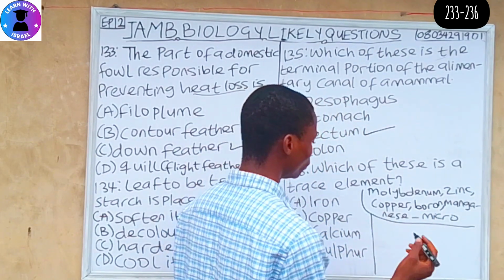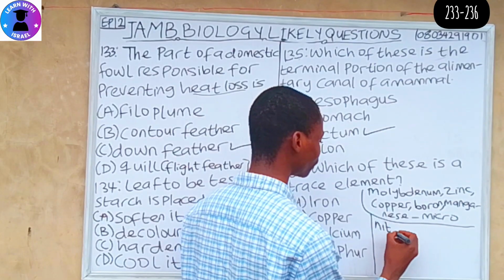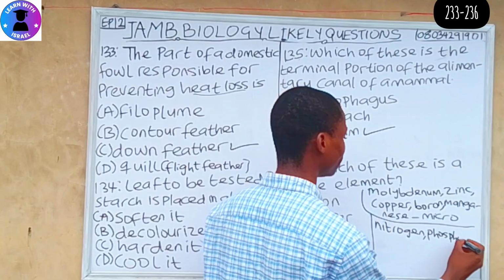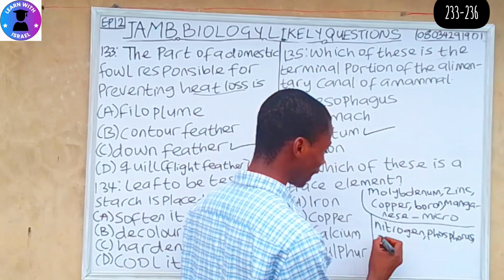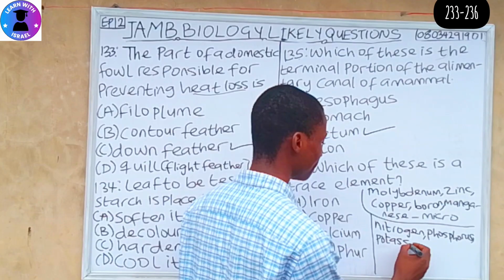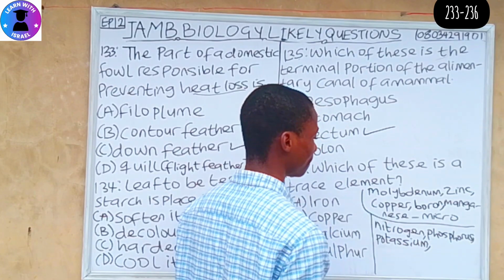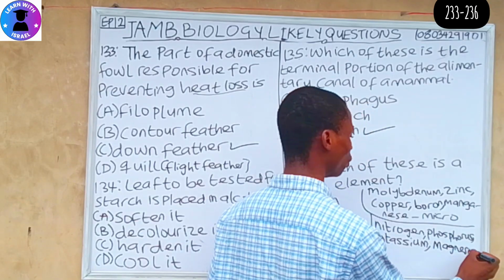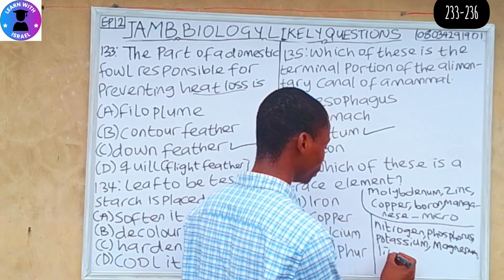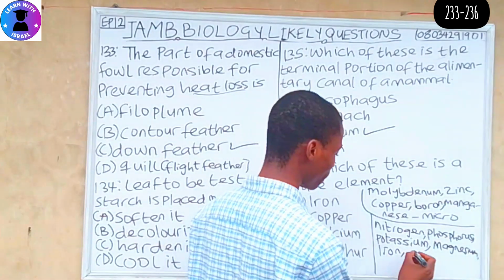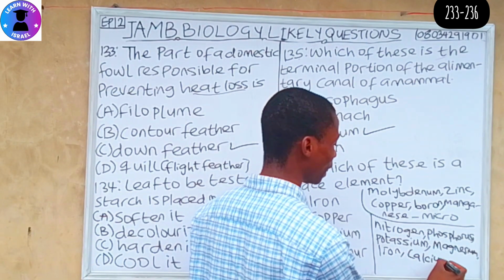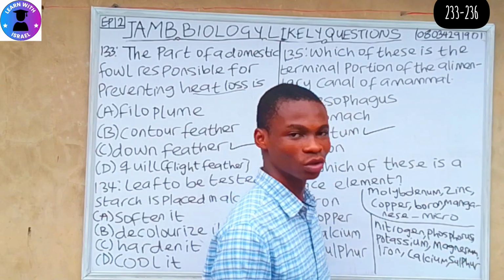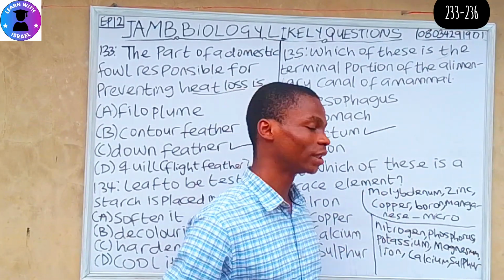And for macro, we have nitrogen, phosphorus, potassium, magnesium. We also have iron, calcium, and sulfur. That's why it's very important to watch this video to the end.